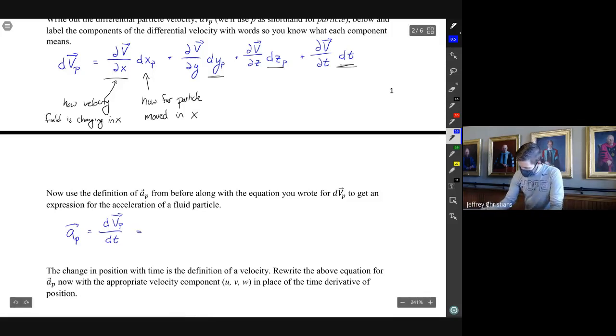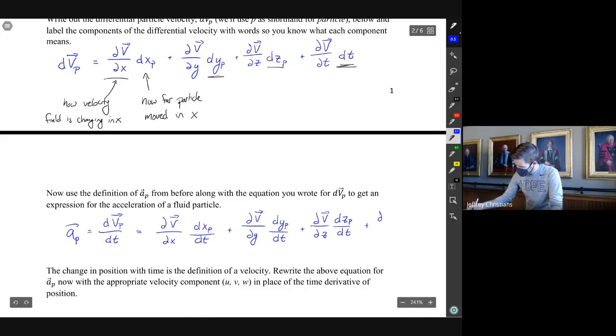So this is equal to partial v partial x times dx_p dt, plus partial v partial y times dy_p dt, plus partial v partial z times dz_p dt, plus partial v partial t times dt dt. Those are supposed to be the same dt's.